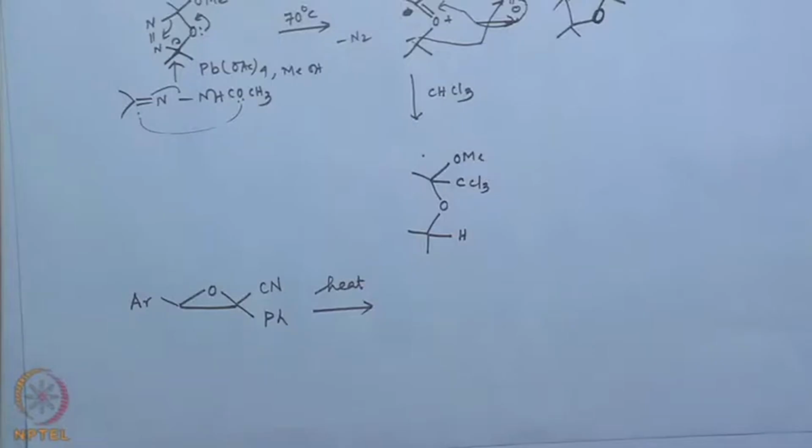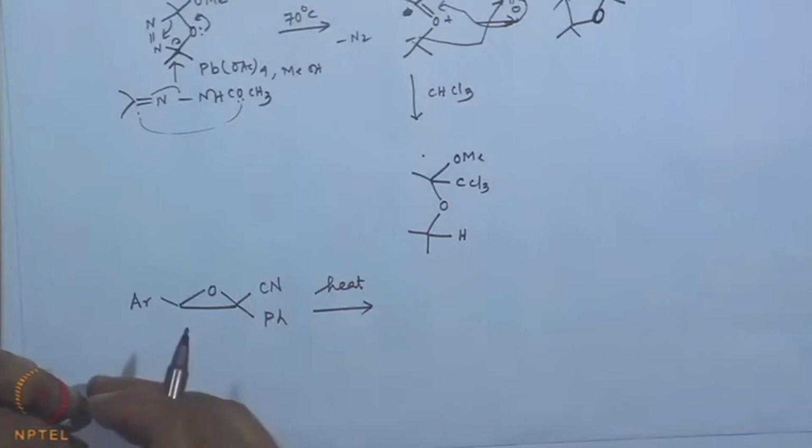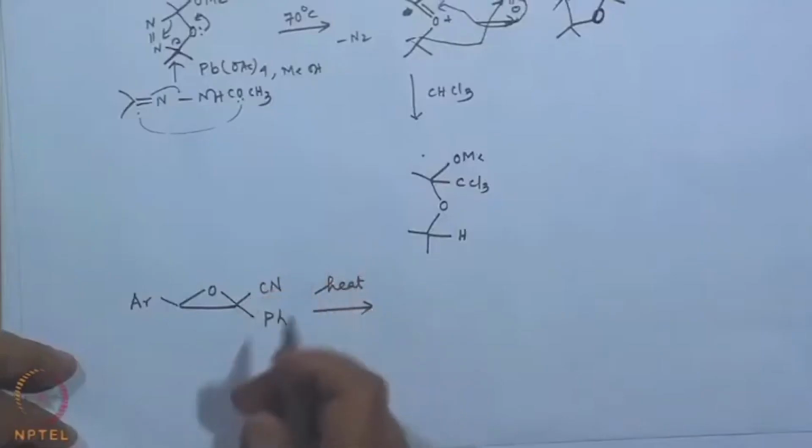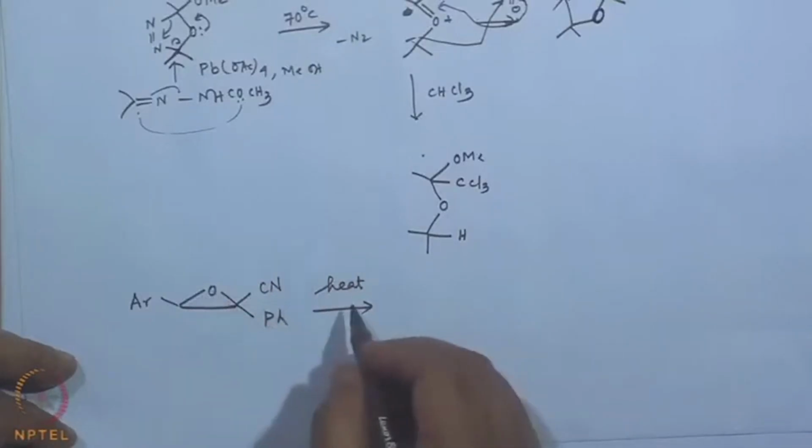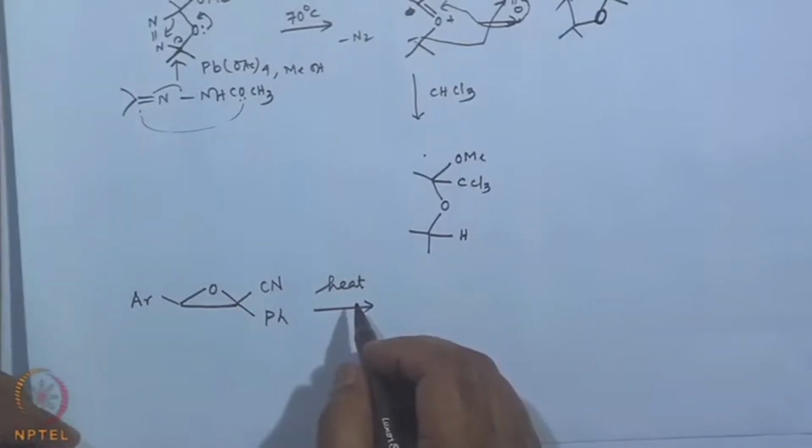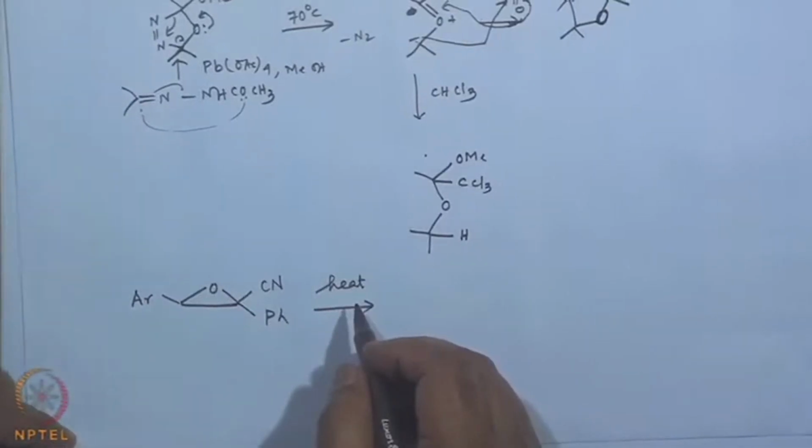Normally C-C bond breaking. Why suddenly? Epoxides are not known to undergo C-C bond breakage. But because of the substituents, this epoxide undergoes electrocyclic ring opening, a 4-electron electrocyclic ring opening.